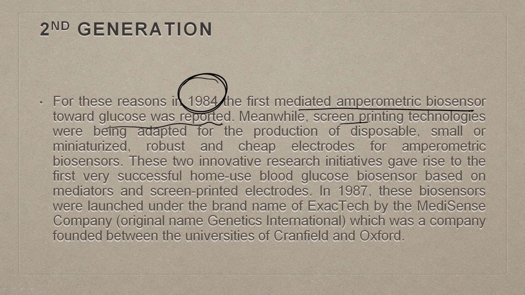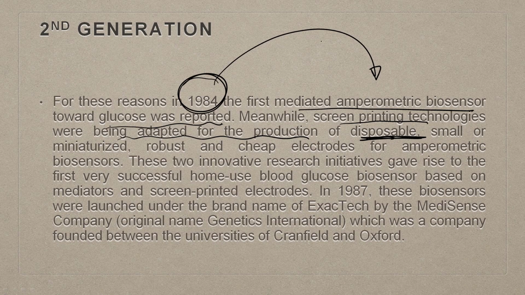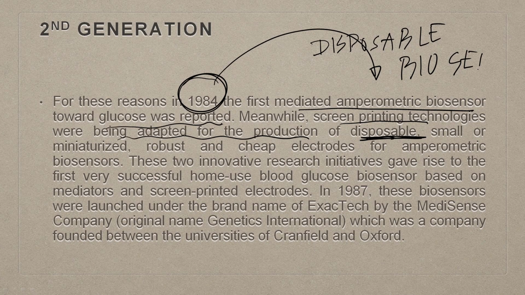Meanwhile, the screen printing technologies were being adapted for the production of disposable biosensors. So, here is the beginning of the era of disposable biosensors. Specifically, we are talking about glucose at this point.